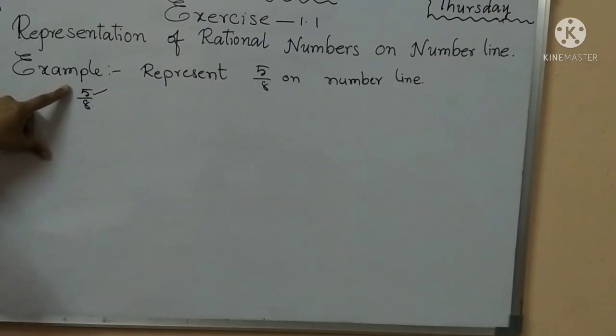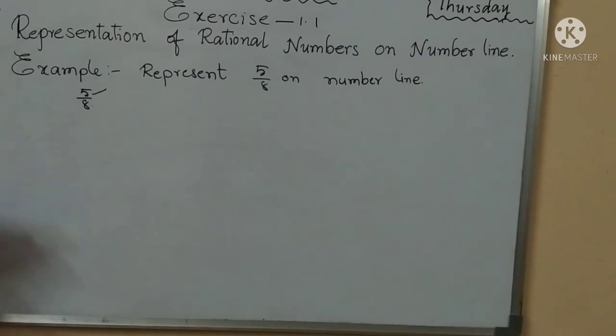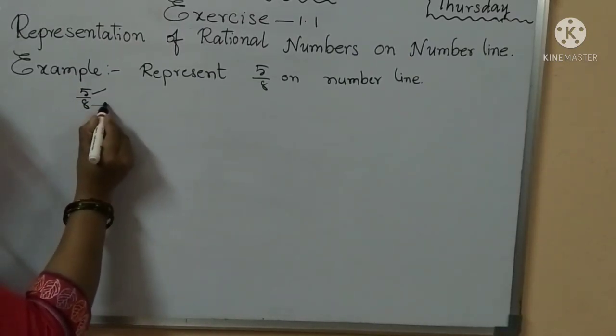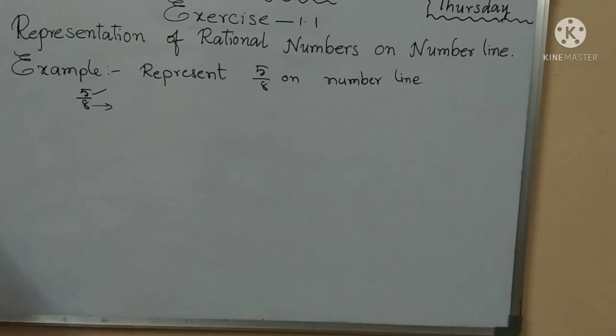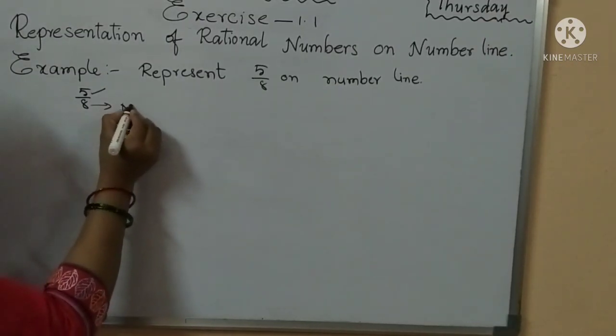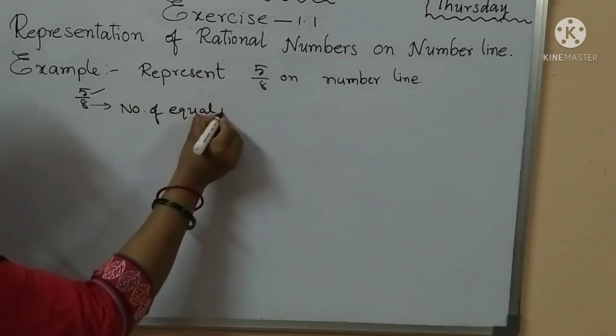The numerator tells how many of these parts are considered. So write: denominator tells us the number of equal parts.